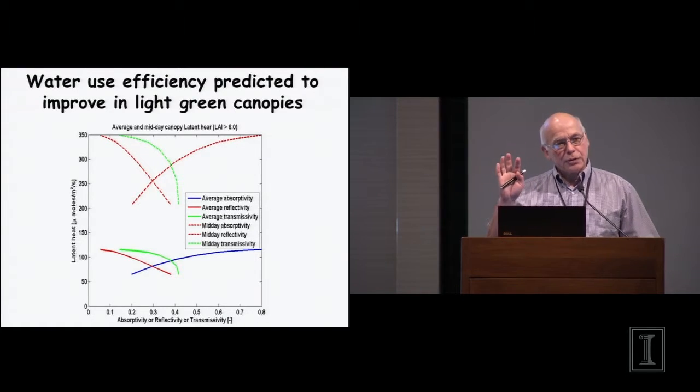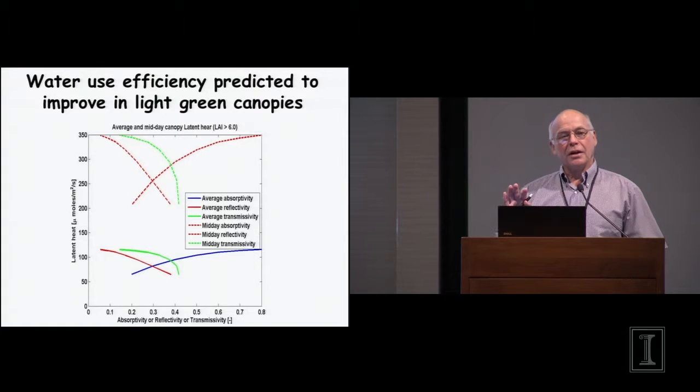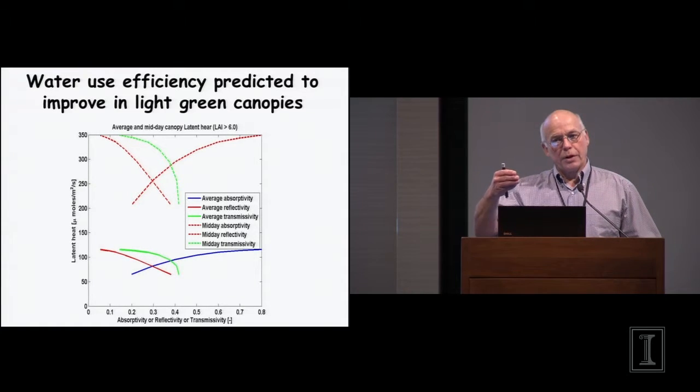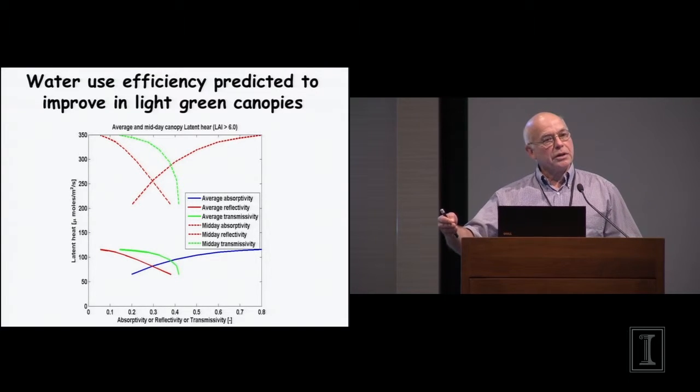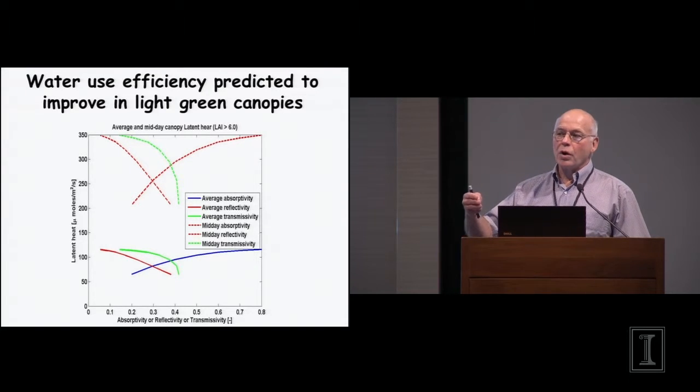And so another thing that's predicted by modeling in terms of a benefit that might be seen from light green is we expect an increase in water use efficiency. And the logic behind this is that if you allow more light to penetrate more deeply in the canopy, you're doing more photosynthesis deeply in the canopy, in a situation where the relative humidity is higher.